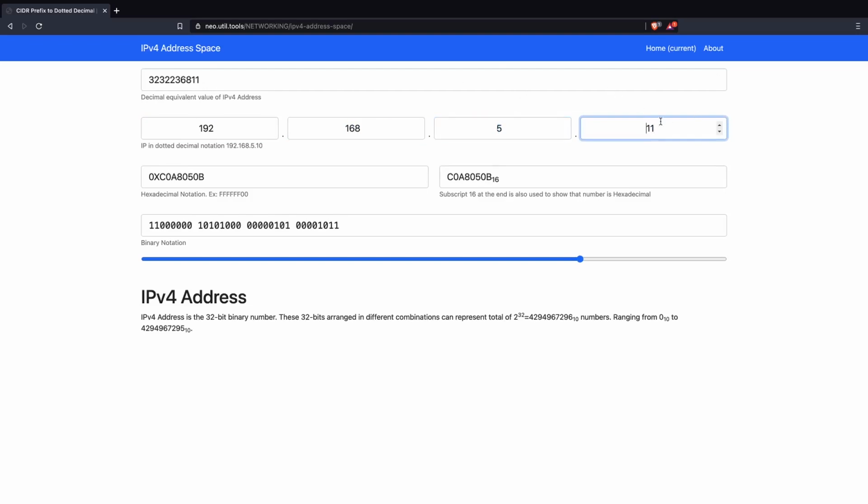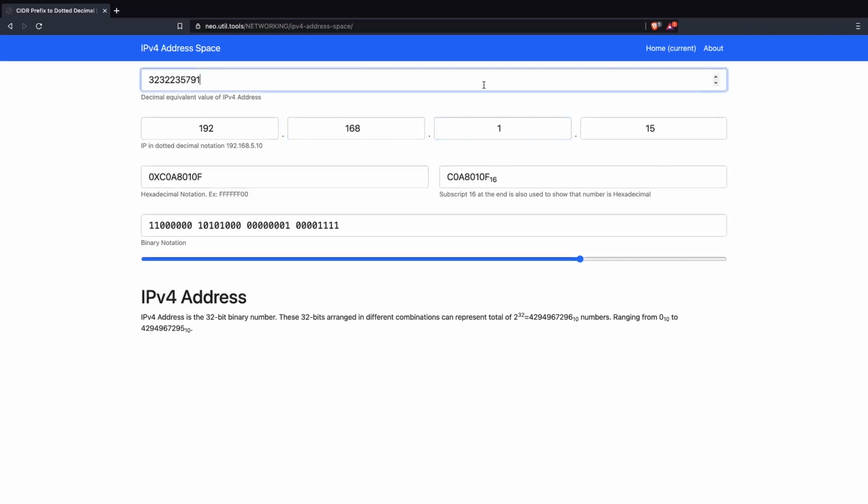So if I increase this one, that's kind of a bug it is there, right?